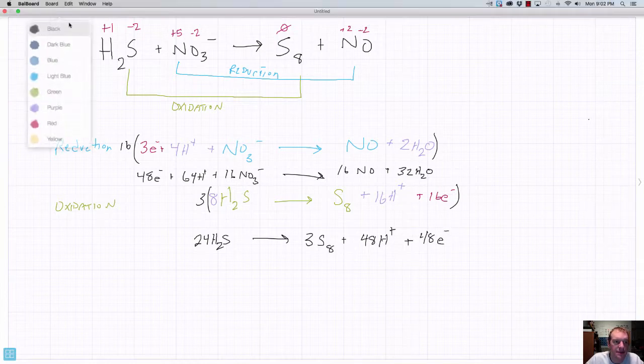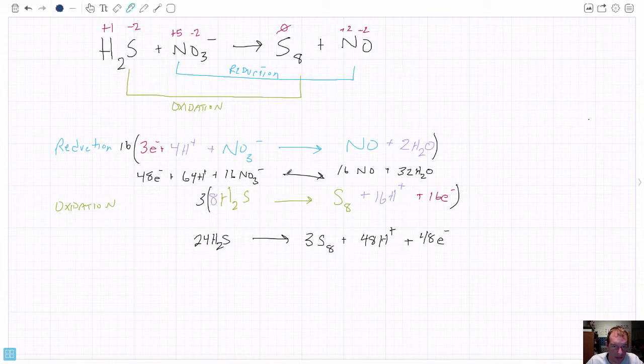And now the last step is we want to put our half reactions back together again, and we're going to recognize that the number of electrons here and the number of electrons here are going to balance out with each other, so we're not going to even include them.